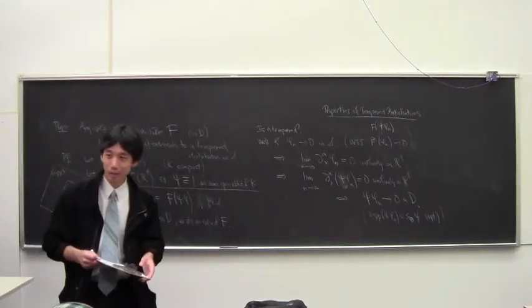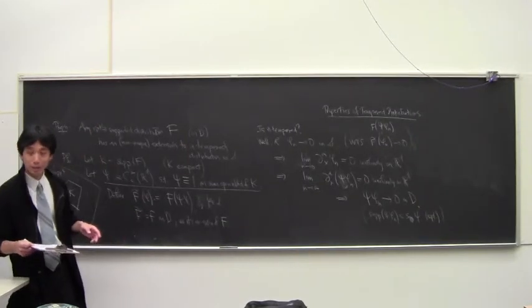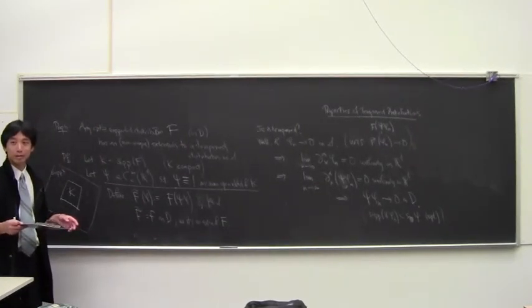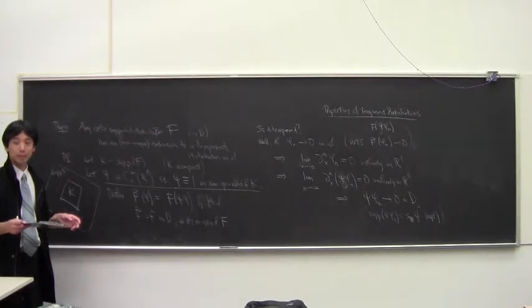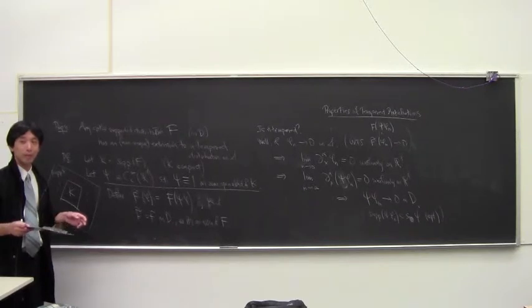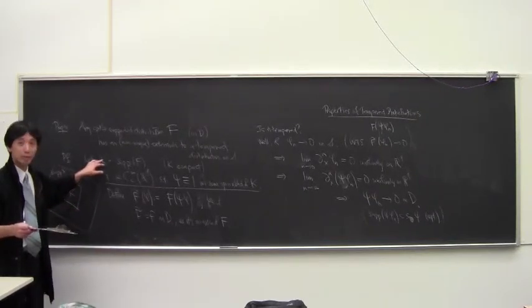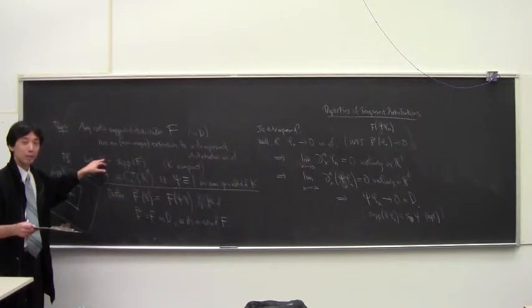For all test functions, if f of the test function is equal to 0, you consider the support of these functions, and you say that's where the thing vanishes. And then you take the complement of that.